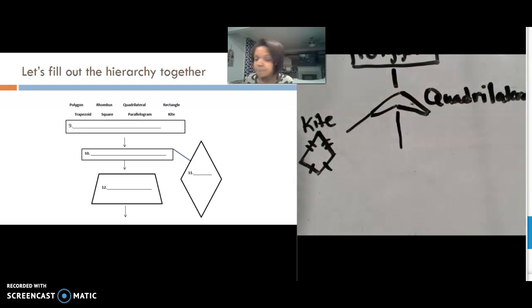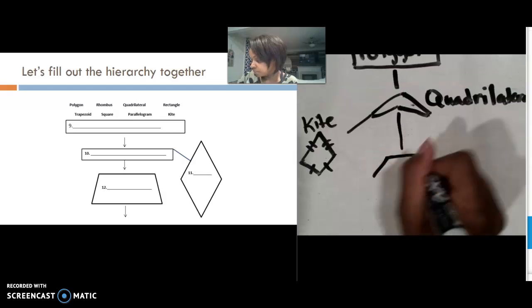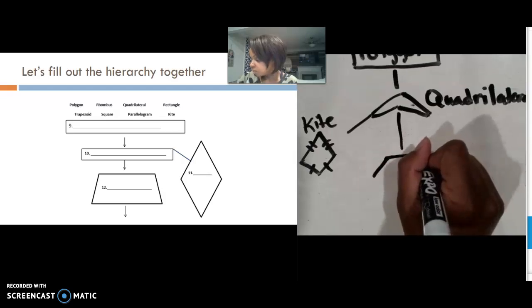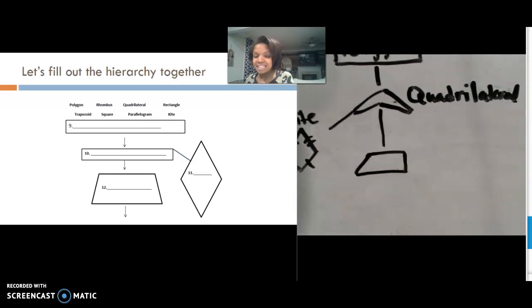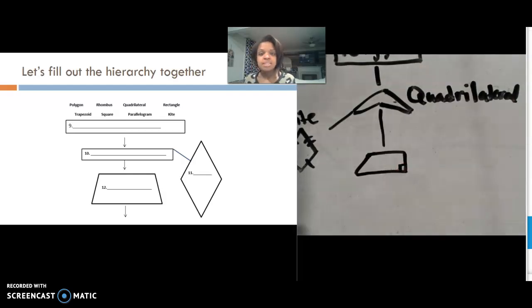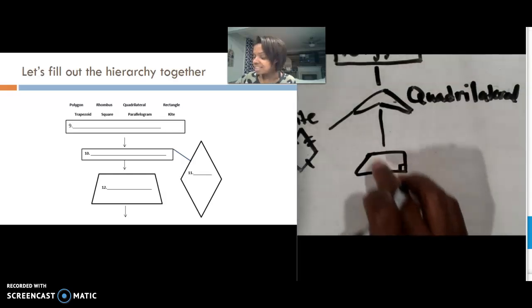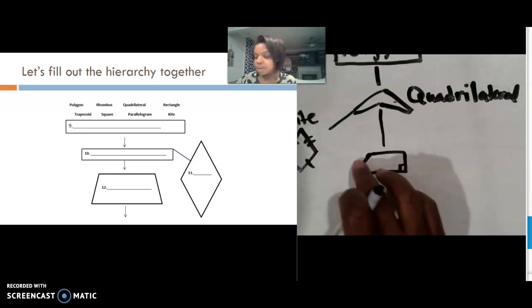So another type of quadrilateral is a trapezoid. And to be a trapezoid, remember, all I have to have is 1 set of parallel sides. Now, if you notice, I actually drew a right trapezoid here. Why? Because it's still a trapezoid. It has 1 set of parallel sides here. These 2 lines are not parallel.